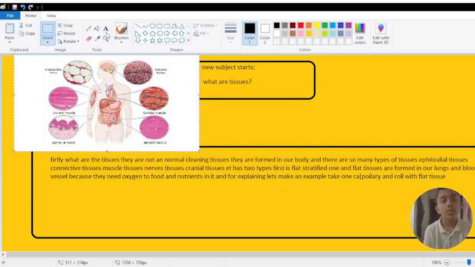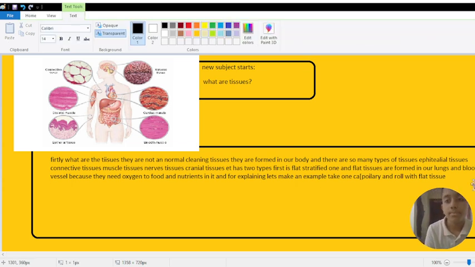So firstly, you can see here the tissue which I have told you, epithelial tissues, and epithelial tissues are a flat surface. It is formed in hands and legs, in bones, and in lungs. I will give you one example for epithelial tissues.